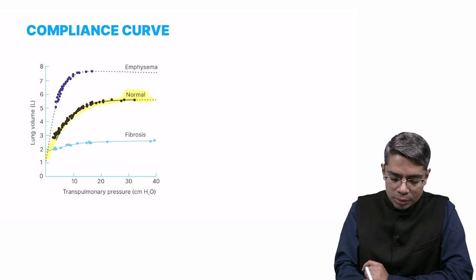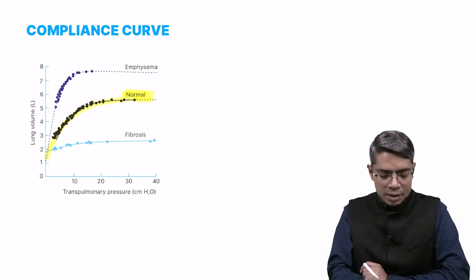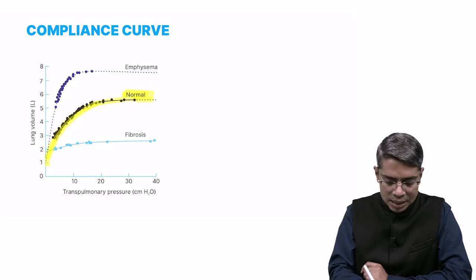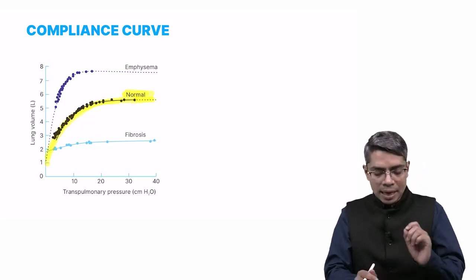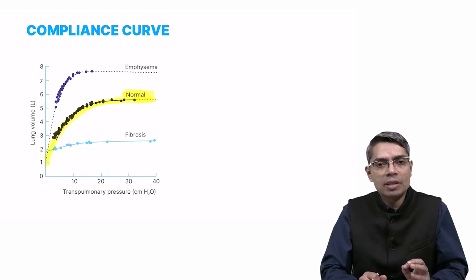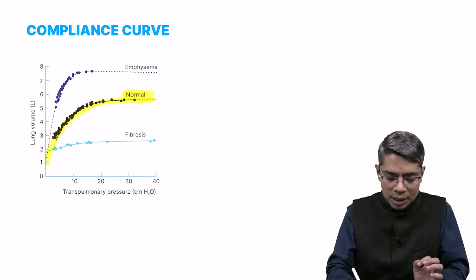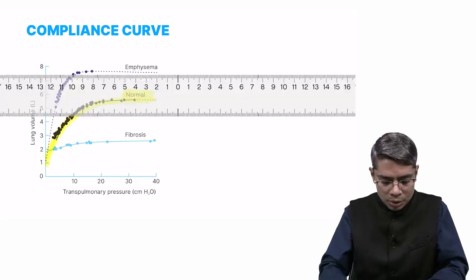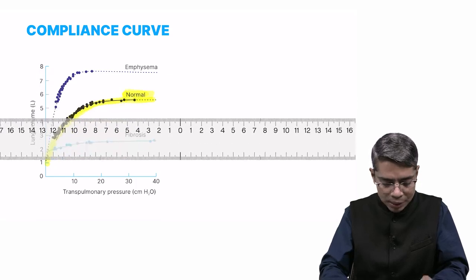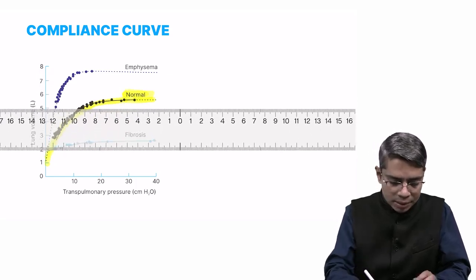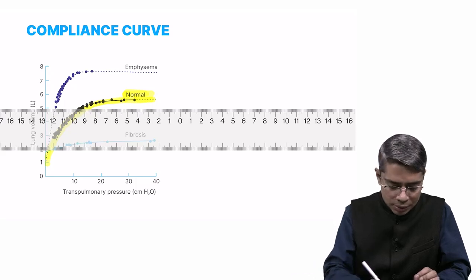So first you look at this normal curve. Suppose I give this diagram as an image-based question and ask you to calculate the compliance of this person, and only the normal curve is given. How are you going to calculate the compliance? You have to drop imaginary lines on this compliance curve. Look at what I am doing, then you will understand.